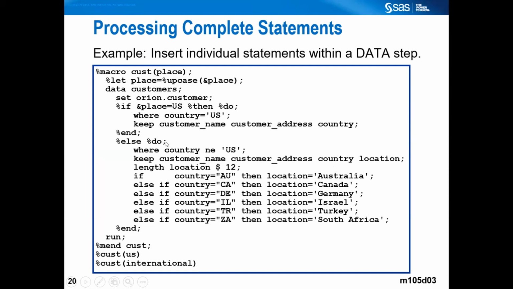And so what are you doing? With your single condition, you're writing multiple statements. So insert individual statements within data step by using this criteria. Now look at this code carefully, understand this code, and then I'll move ahead. Observe this code carefully.